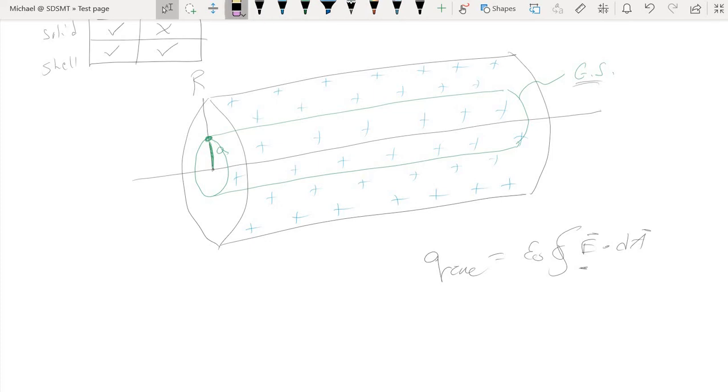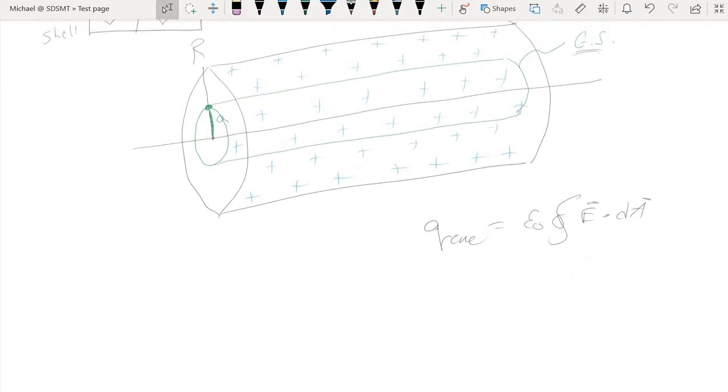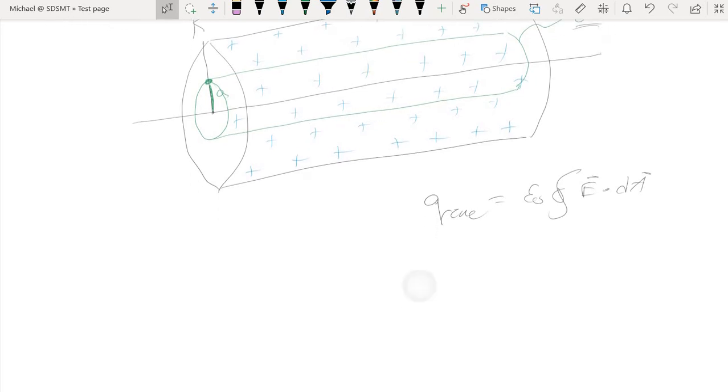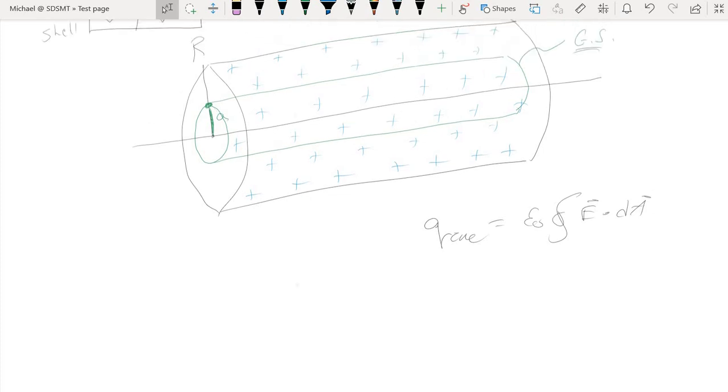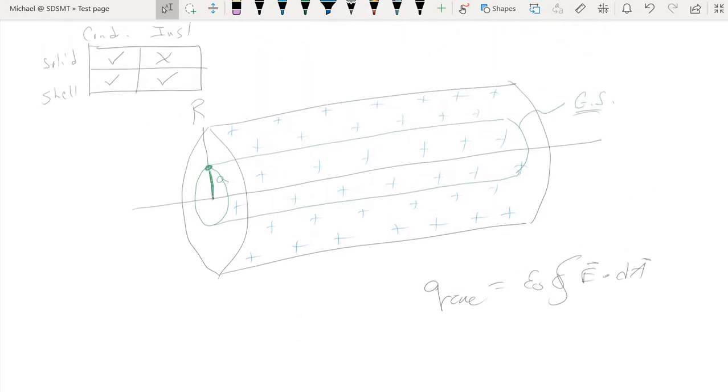But we can take exactly what we did with the solid insulating sphere, and we can use that as sort of a template in helping us find the electric field inside of this solid insulating cylinder.